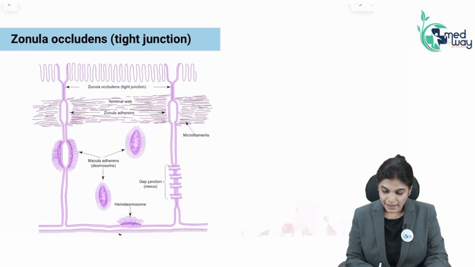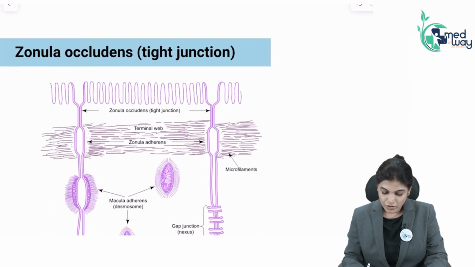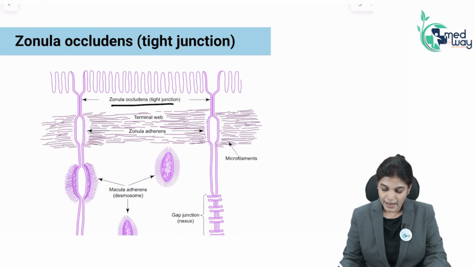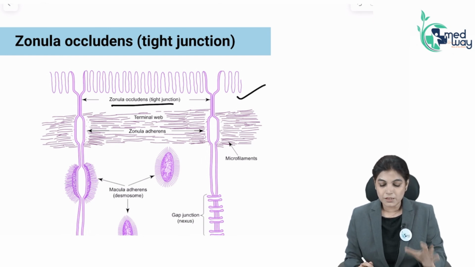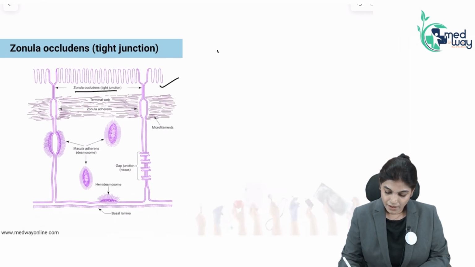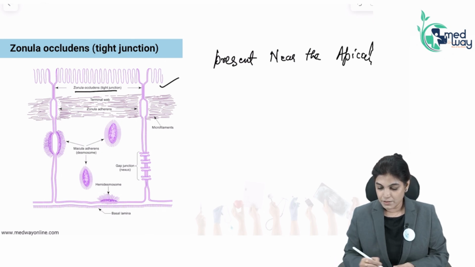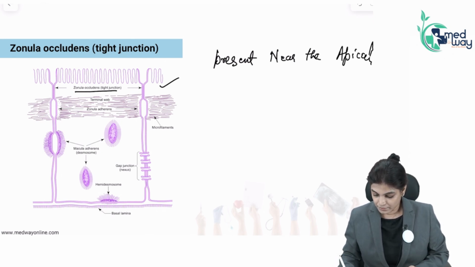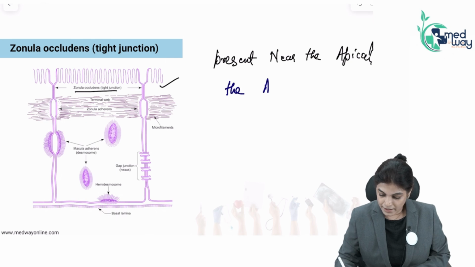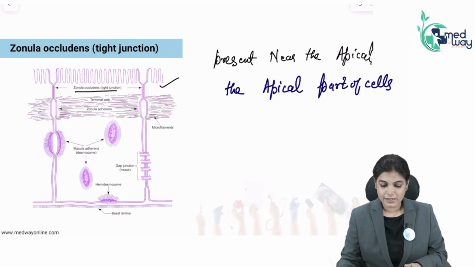If I slightly enlarge this image, this is the Zonula occludens, and you can see it is present near the apical part of the epithelial cells.